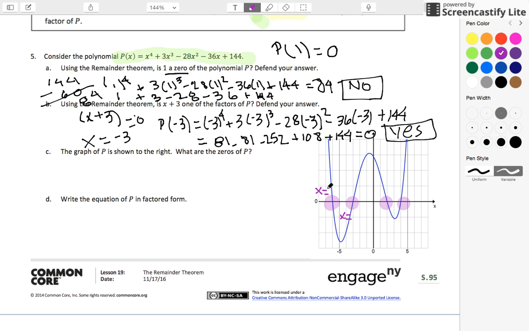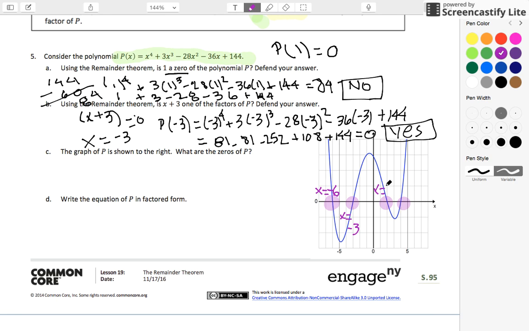So it's actually x equals -6 here. Then here I have x equals 1, 2, 3, -3. Then here I have x equals 2.